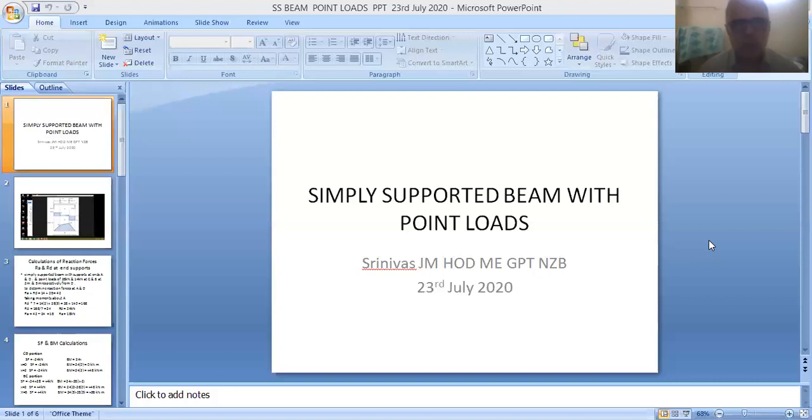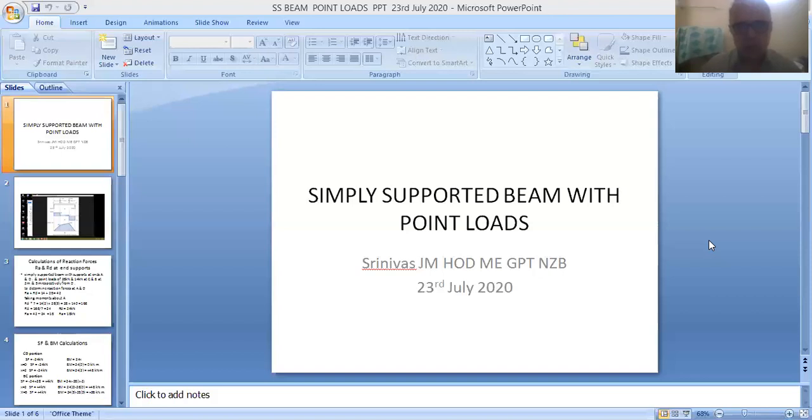Now, if a beam is fixed at one end and free at another end, it is called a cantilever. And if the beam is provided with supports at end points, it is called a simply supported beam.